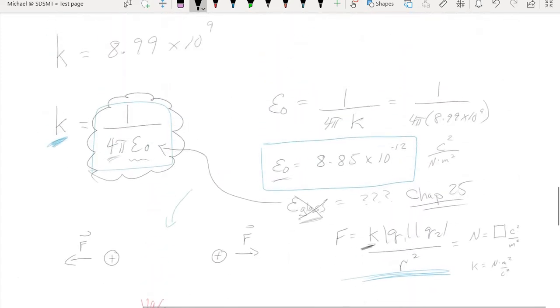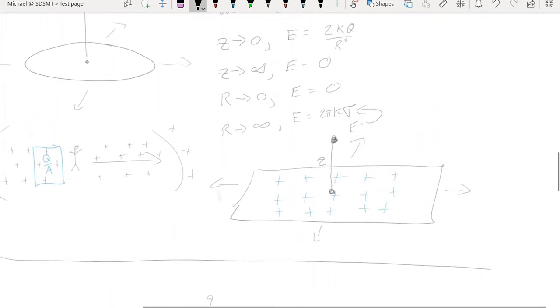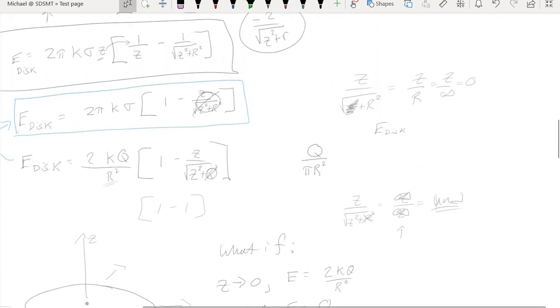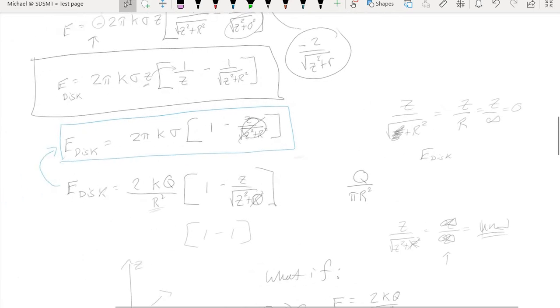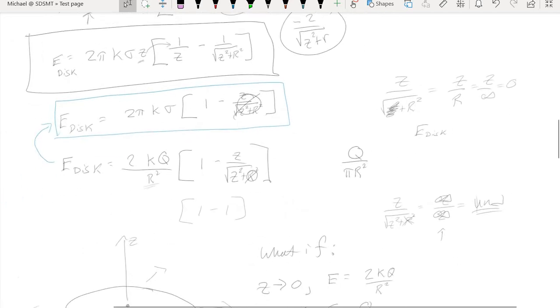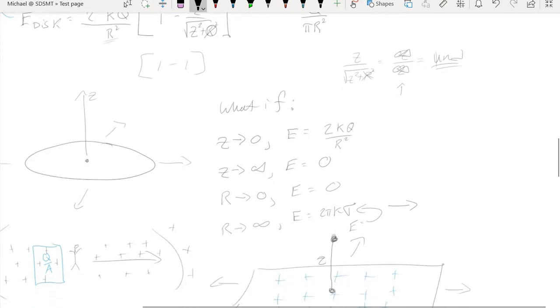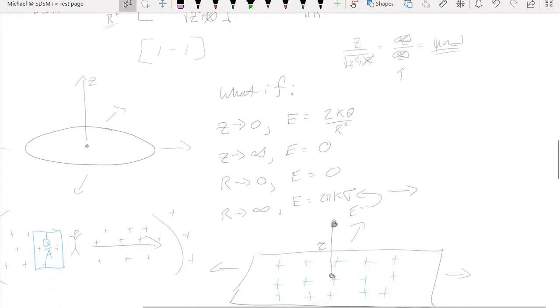But now we can backtrack in all of these derivations that we've been working on. So for the disk here, let's look at some of these combinations. We had, right here, this was the expression for the infinite sheet of charge.